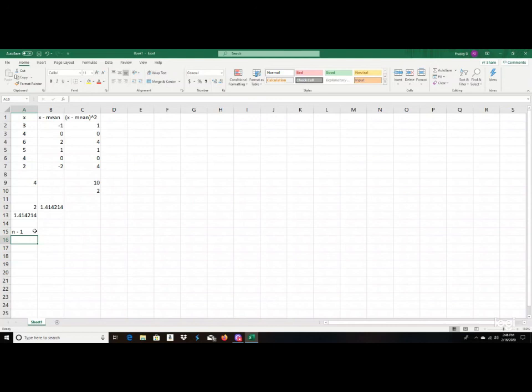I'll give a bigger explanation of what that means. When it comes to degrees of freedom and sample size, the number of degrees of freedom for the sample variance is 1 less than the sample size. In other words, n minus 1 values can be anything they want.